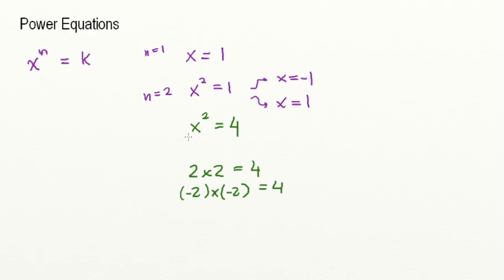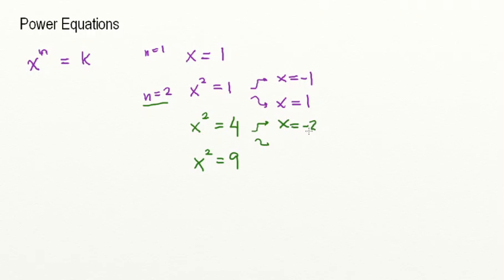In fact, if we put enough examples here, you will see that there is a pattern that shows up anytime that we have our exponent equal to 2. If we multiply negative 2 and negative 2, we get 4. If we multiply 2 and 2, we also get 4.